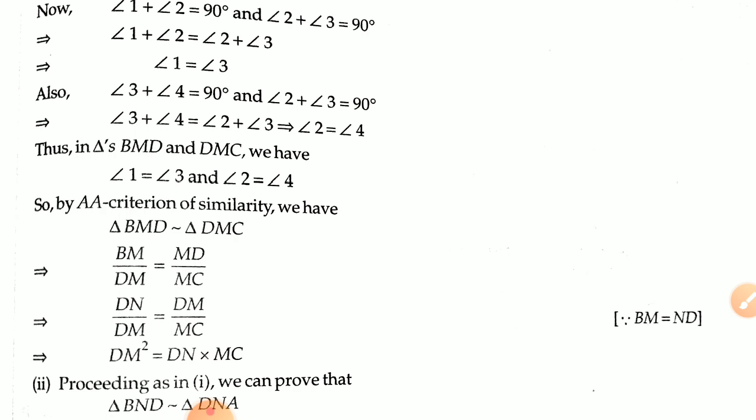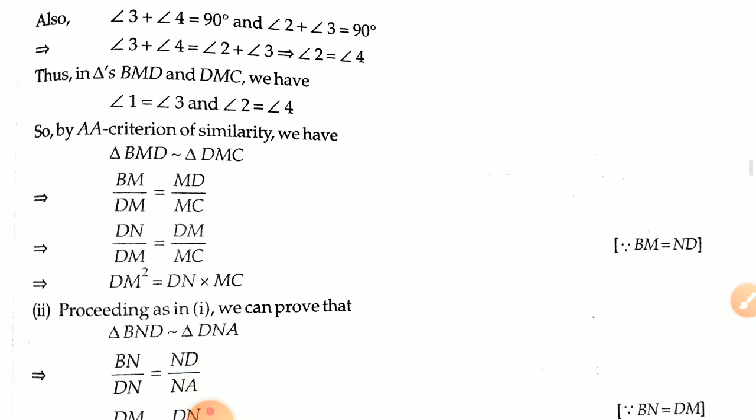Or we can write DN upon DM is equal to DM upon MC. Here DM into DM will be DM square, and that is equal to DN into MC.